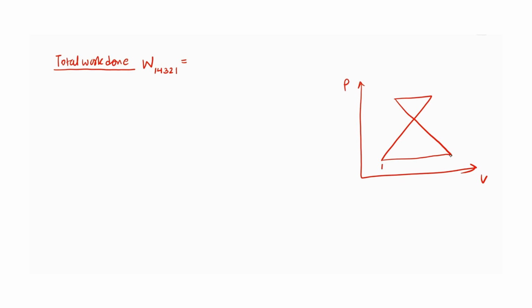This is 1, this is 2, this is 3, this is 4, and we have 0, okay. And we have this direction, clear? And this work done is positive, and this work done is negative, okay.